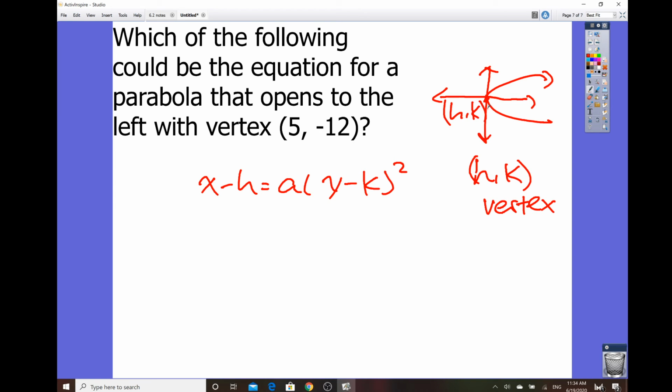Once you get into Algebra 2 next year, you'll see that transformation with that h comma k, but I just want to stick with the basic form. So what we got here is the vertex is 5, comma negative 12. So that means the value of h is 5, and the value of k is negative 12. So by plugging in the numbers, what we can find out here is that x minus negative 12.